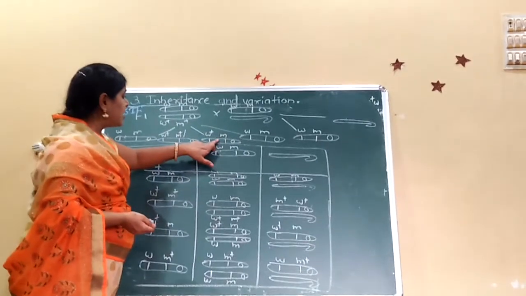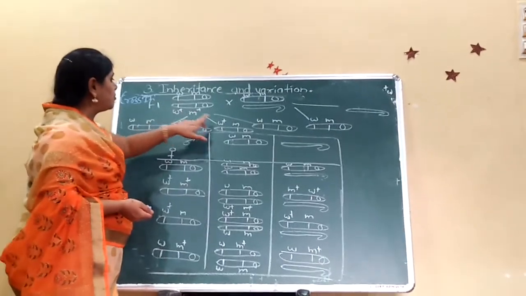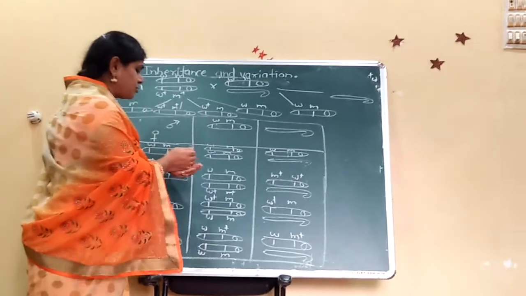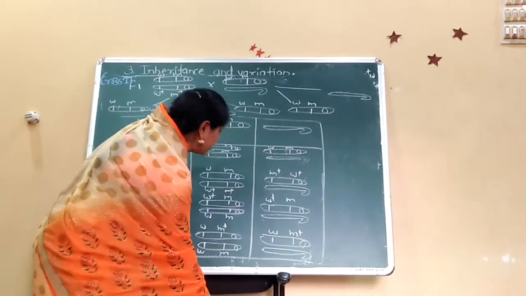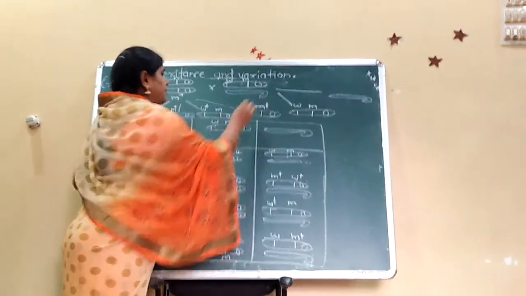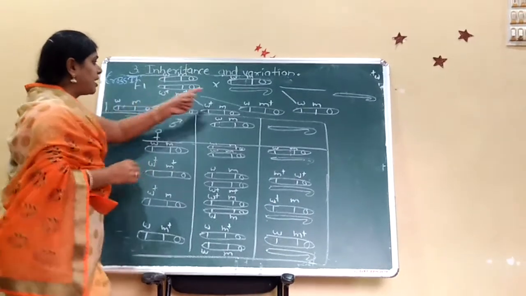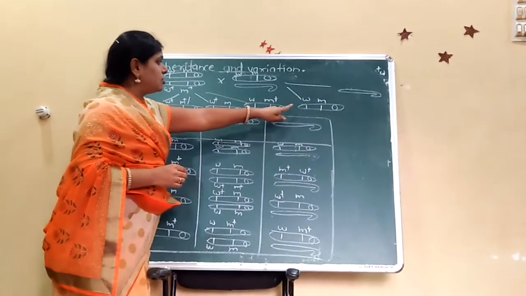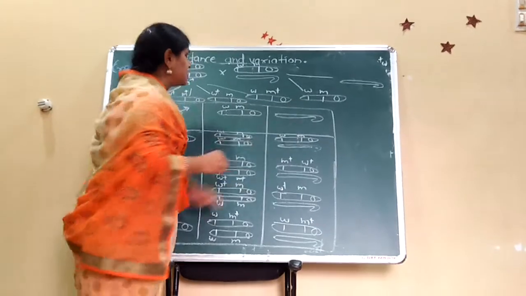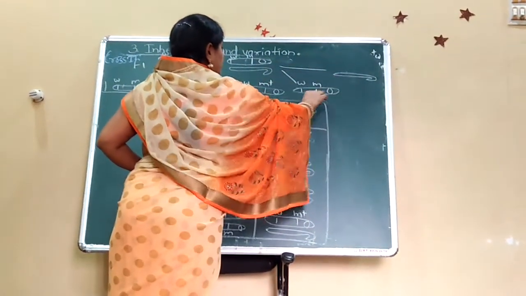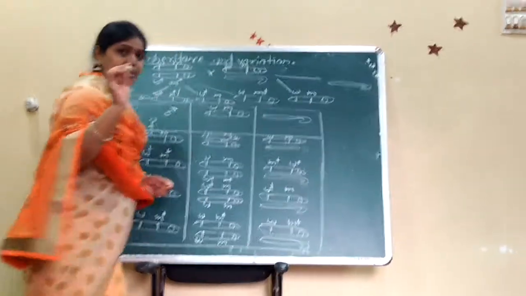The third type of gamete is W plus and M. The fourth type of gamete is W and M plus. So four types of gametes are produced, and the male produces two types of gametes: one is W and M, and the second is the Y chromosome.